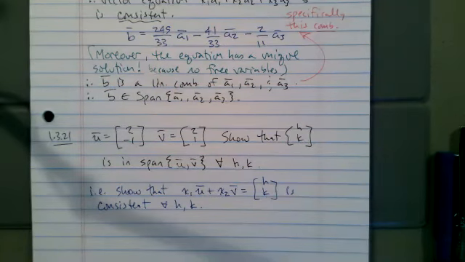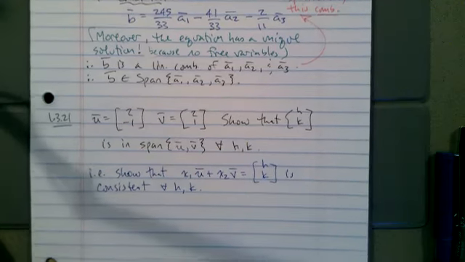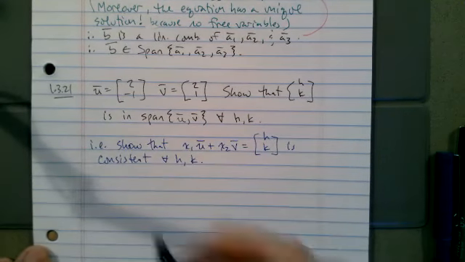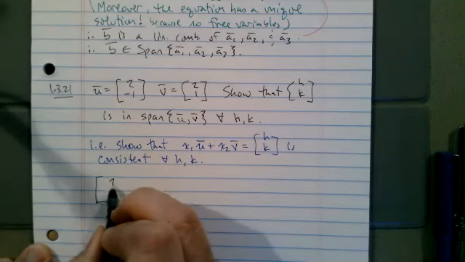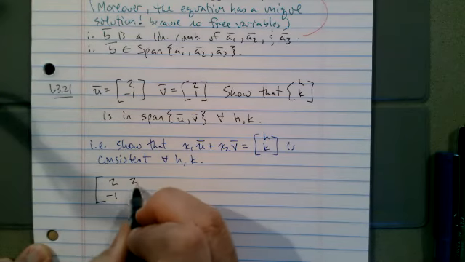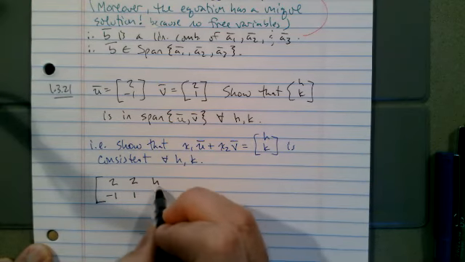Need to translate this question about span into a question about a vector equation so that we can get ourselves into an augmented matrix. So we'll write the augmented matrix by columns, 2, -1, then 2, 1, and then HK.